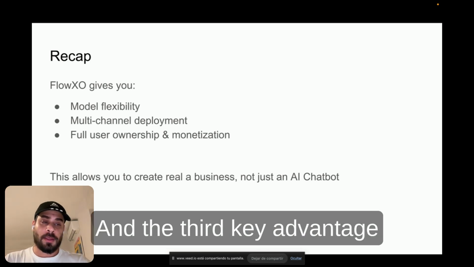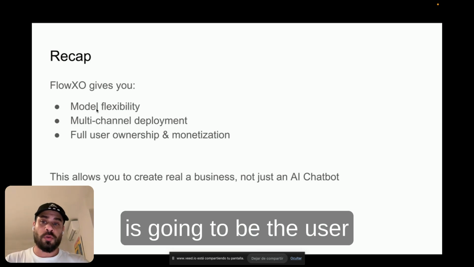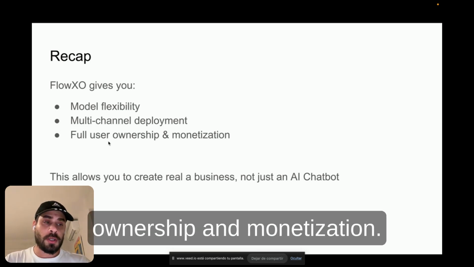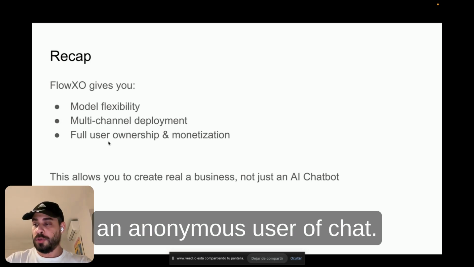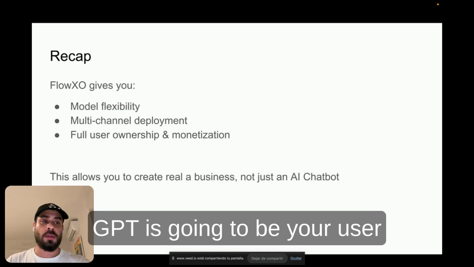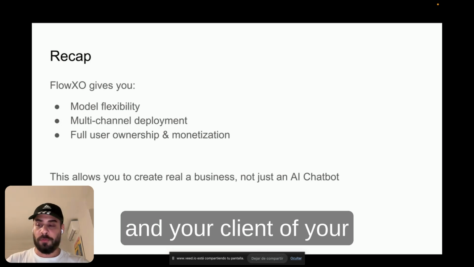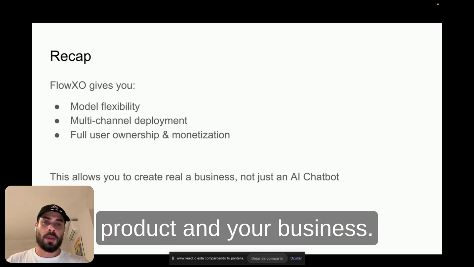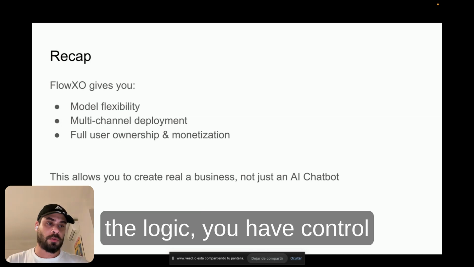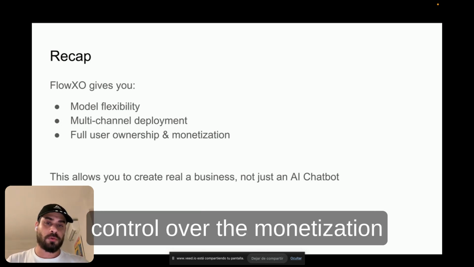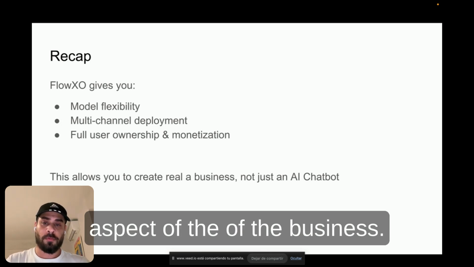And the third key advantage is user ownership and monetization. Again, the user is not simply an anonymous user of ChatGPT, it's going to be your user and your client of your product and your business. So you have control over the logic, control over the data, and control over the monetization aspect of the business.